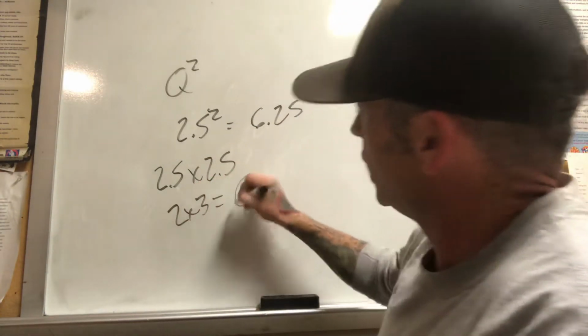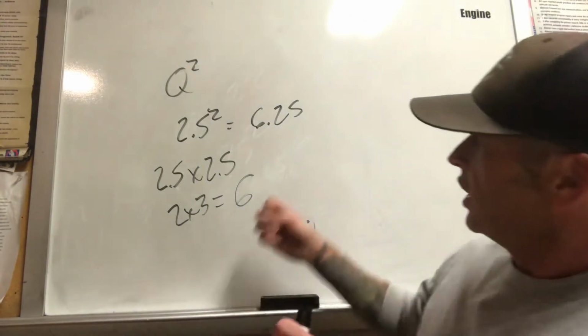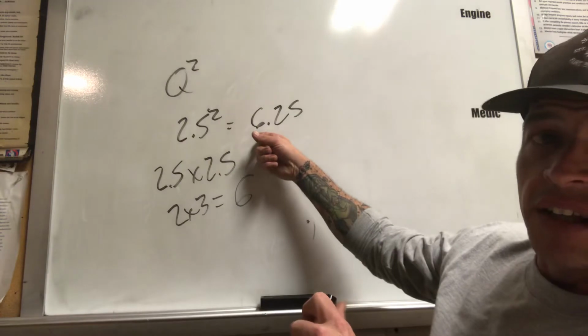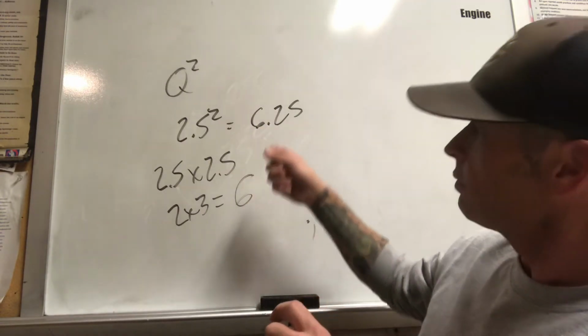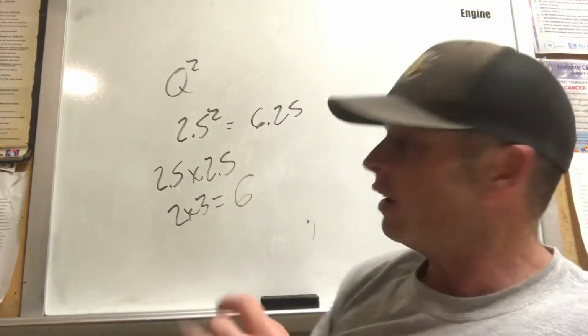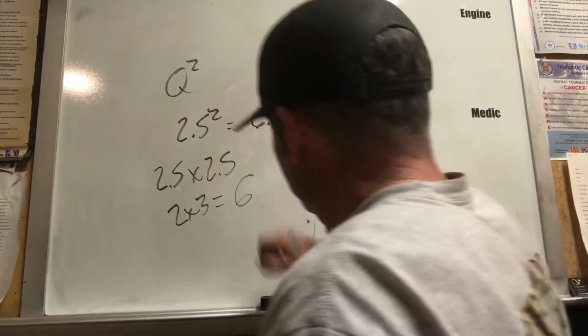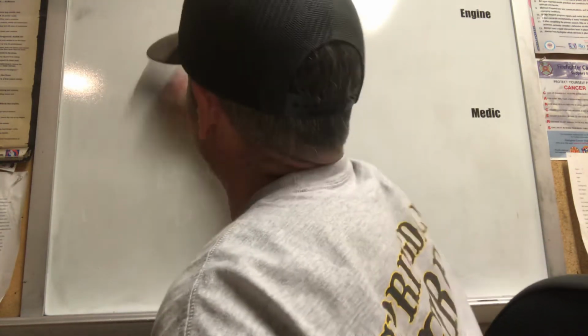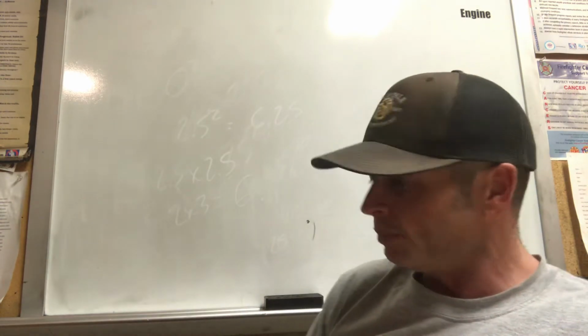My answer is going to be 6, because I can do 2 times 3 in my head really fast. So you can see, squared, 6.25. Cheater method, 6, pretty darn close for the fire ground, and it always gives me a solid even number. So that's my personal trick on how to figure out quantity squared in the field.